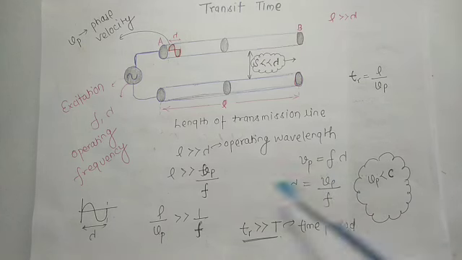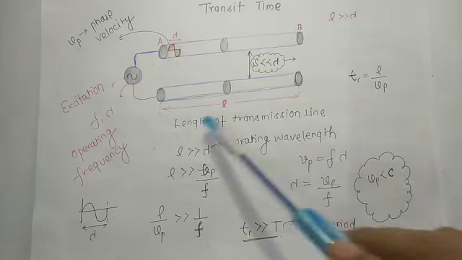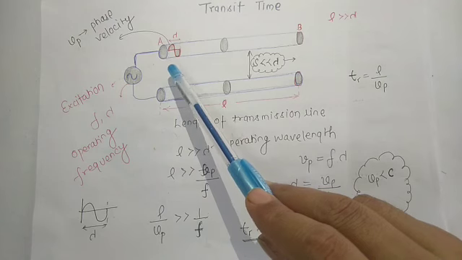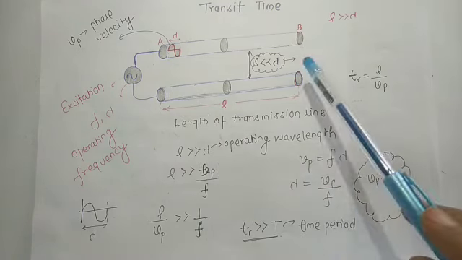Put this value here and modify the equation: L over Vp is very much greater than 1 over f, and L over Vp is nothing but the transit time. What is transit time? The time taken by the wave to reach point B is known as transit time.